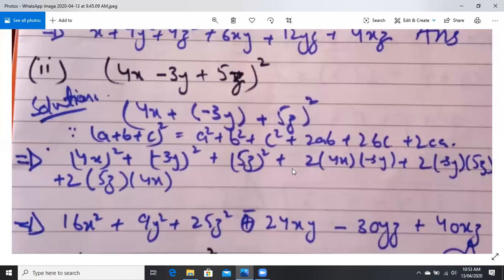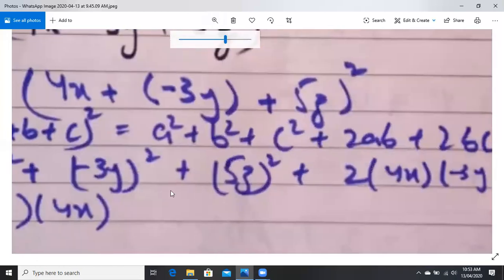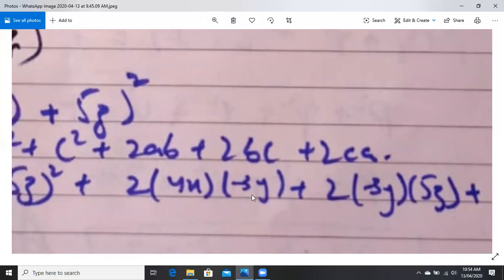And then here we just multiply these three numbers, plus 2 4x minus 3y. So plus minus minus, 4 2s are 8, 8 3s are 24. Similarly, we also solve this.